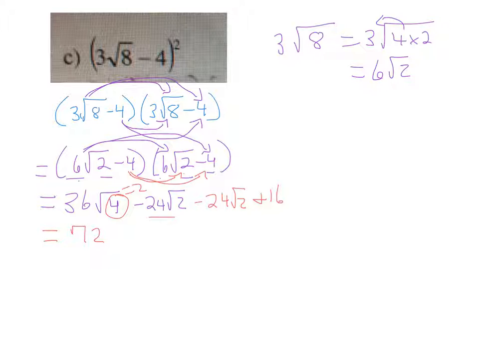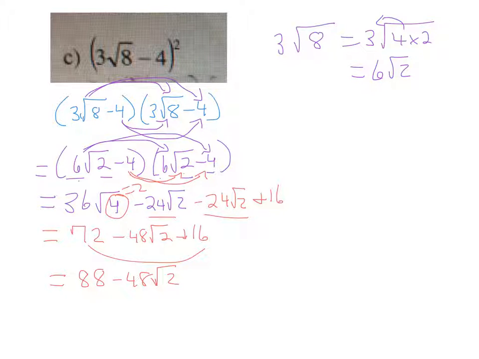And then we have minus 24 root 2, and minus 24 root 2 is minus 48 root 2, and then plus 16. And the 16 and the 72, they can be added together, and you make 88 minus 48 root 2. With any luck, that's what I got the first time. If I didn't, I apologize.